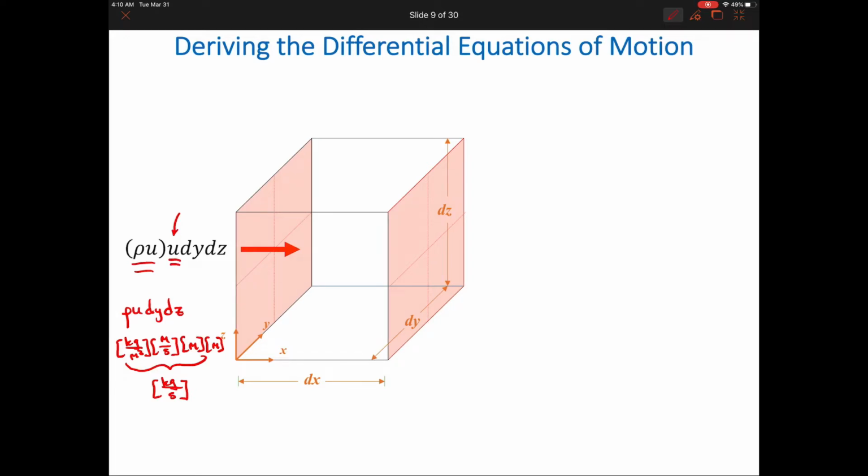So if we multiply by another u, now we're going to have kilograms per second times meters per second, and we end up with kilograms meters per second squared. That's equivalent to a force, or equivalent to mass times acceleration.